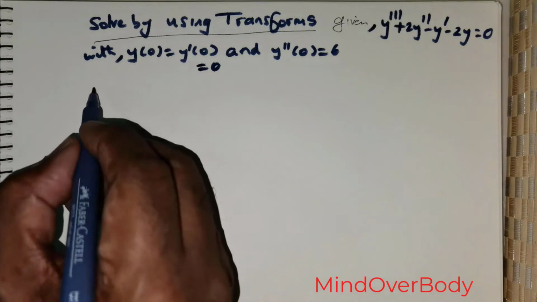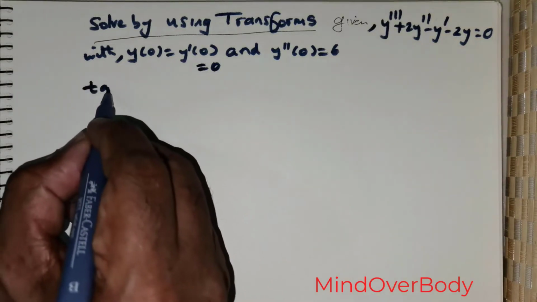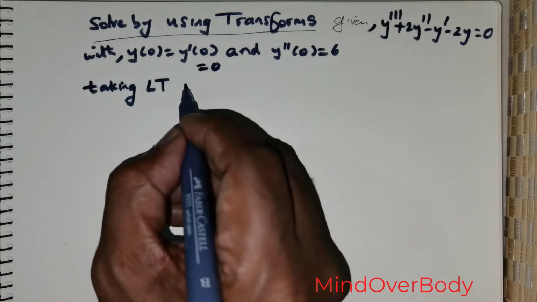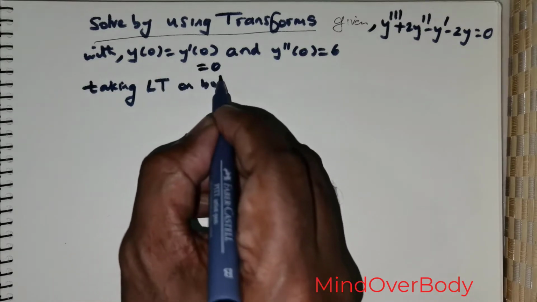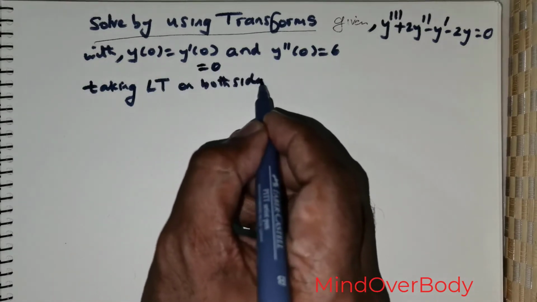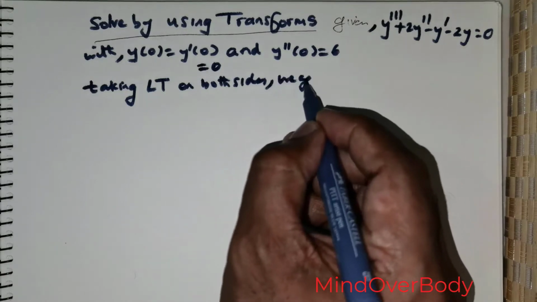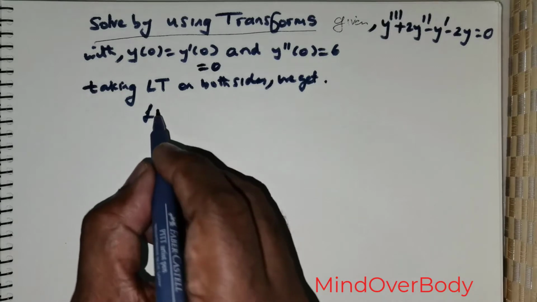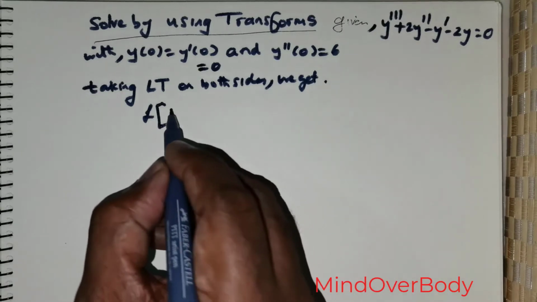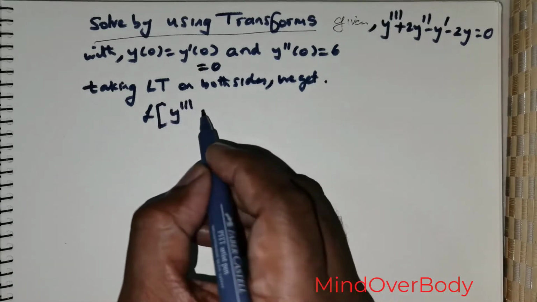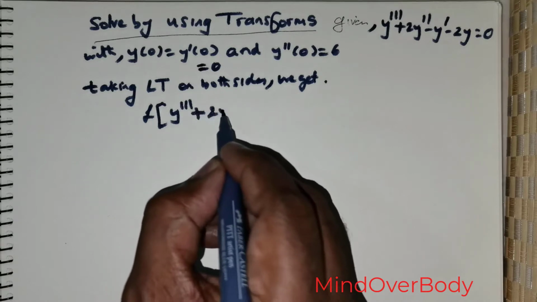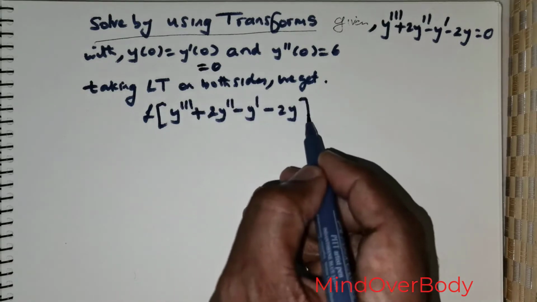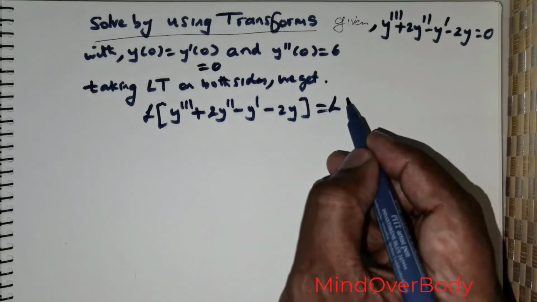So first step, what we will do is we will be taking Laplace transform, taking LT on both sides. We get, so this is going to be Laplace transform of y triple dash positive 2 times y double dash negative y dash negative 2 times y is equal to L of 0.